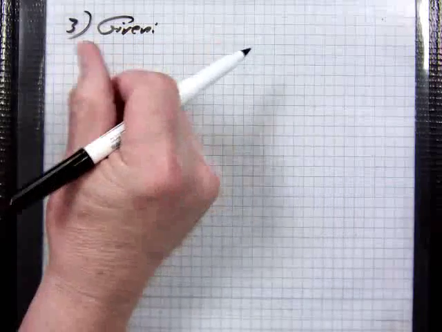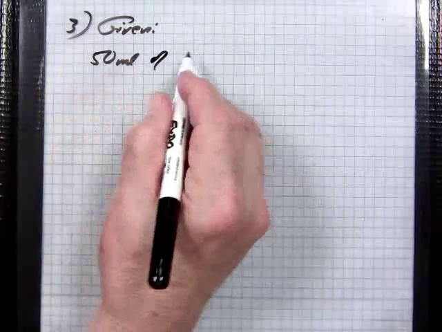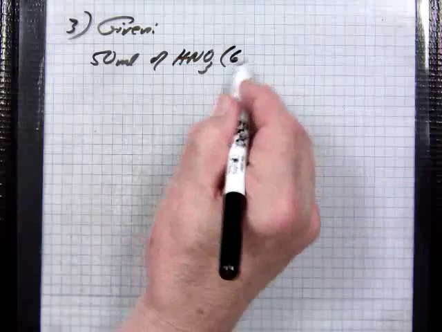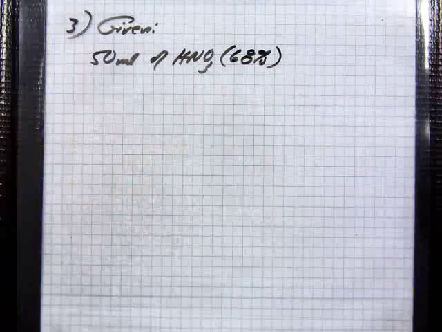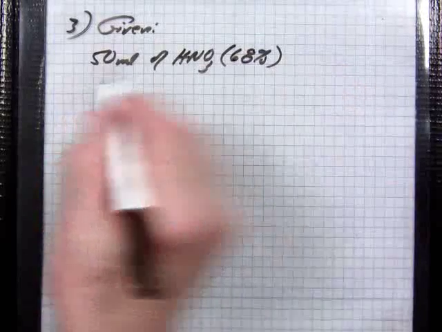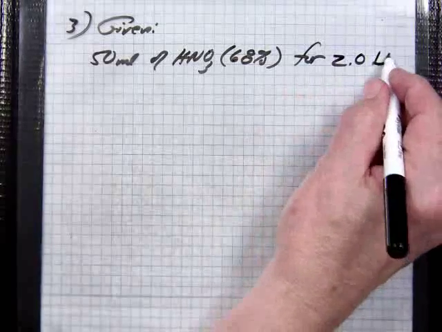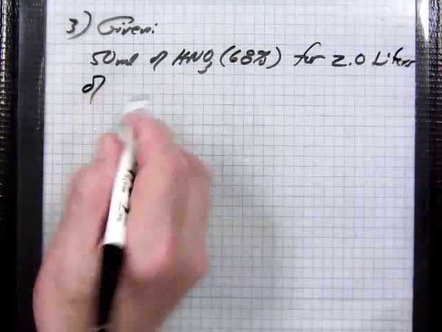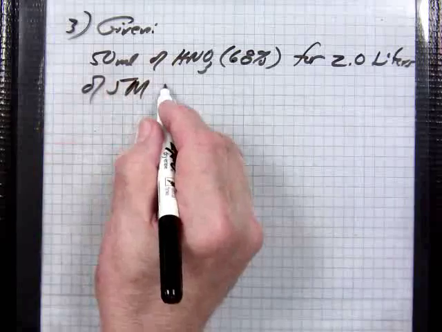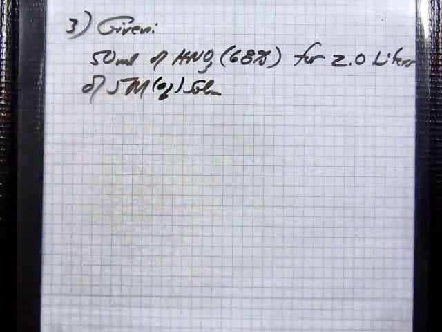What we're given here is 50 milliliters of HNO3, 68% stock, for 2.0 liters of 5 molar aqueous solution. What's the molarity of the manufactured stock?